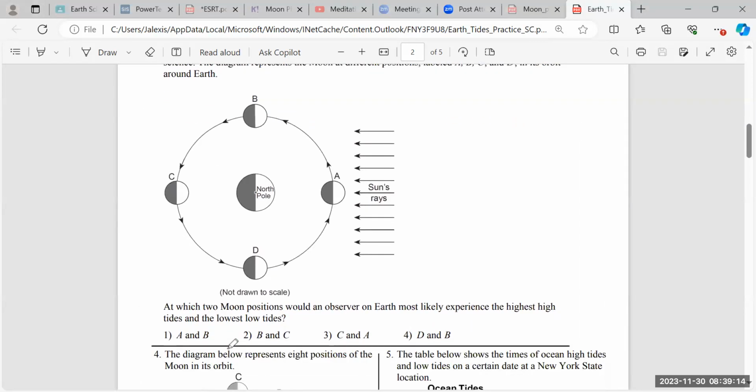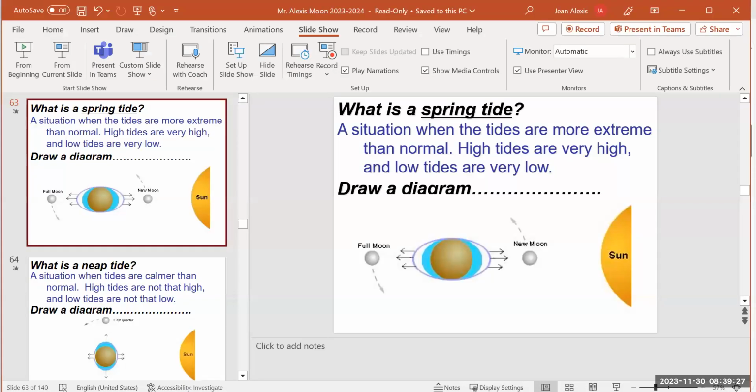what do we know about what type of tides experience the highest high tides and the lowest low tides? Well, if we take a look at our notes, right? High tides are very high and low tides are very low. This occurs during a spring tide, okay?